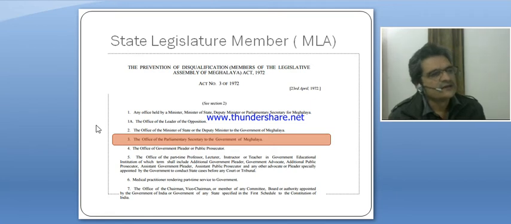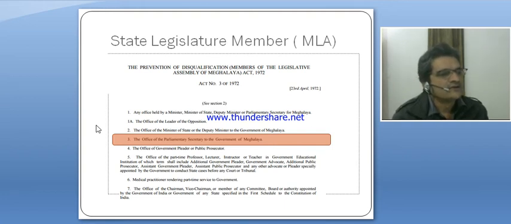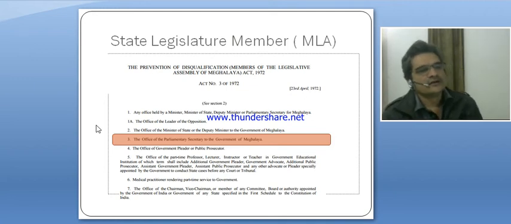What I am showing is the act of the Meghalaya government, which says that the following offices are not offices of profit. And interestingly, Meghalaya had declared that the office of parliamentary secretary to the government of Meghalaya shall not fall under the category of office of profit.